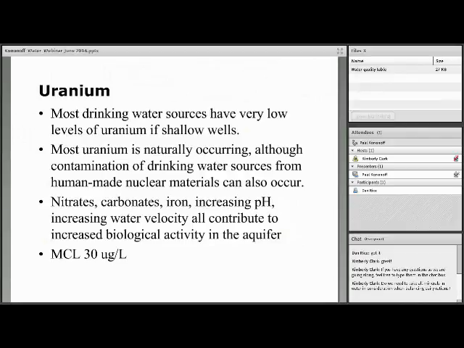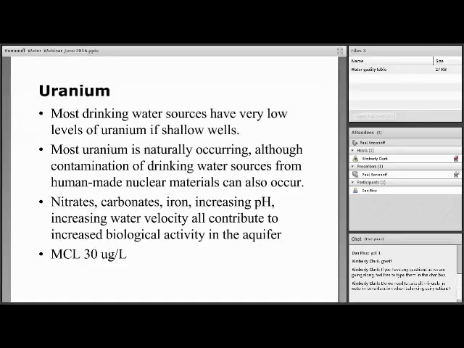There's been some interesting research looking at uranium and how uranium levels in water may be changing. Generally, most drinking water sources do have very low levels of uranium, if they're shallow wells, so it's not a surprise. You may think that this should never show up in water.